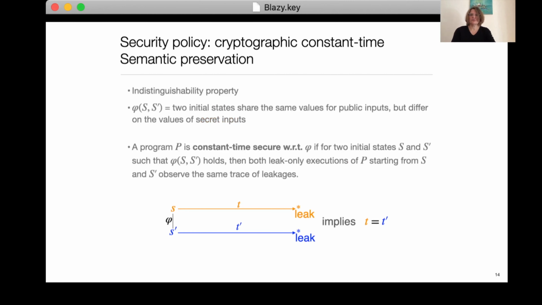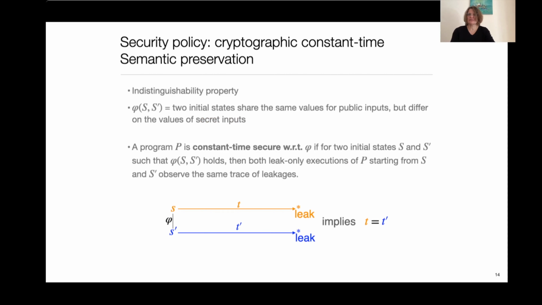So coming back to our constant time policy, let us note that this is an indistinguishability property as it involves two different executions of the same program, contrary to CompCert correctness property that involves a single execution of a program. So we introduce an indistinguishability relation, phi, between initial states of a program.